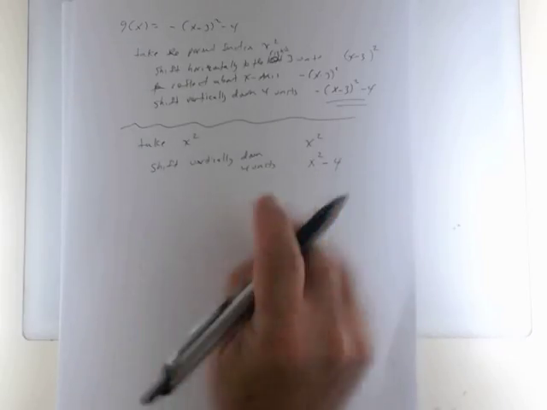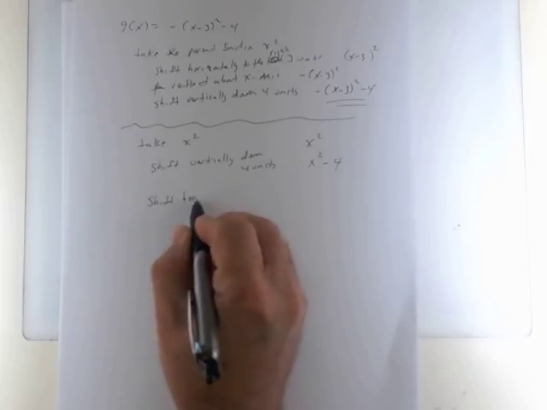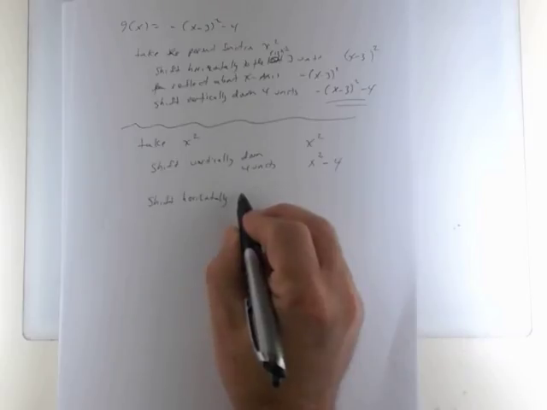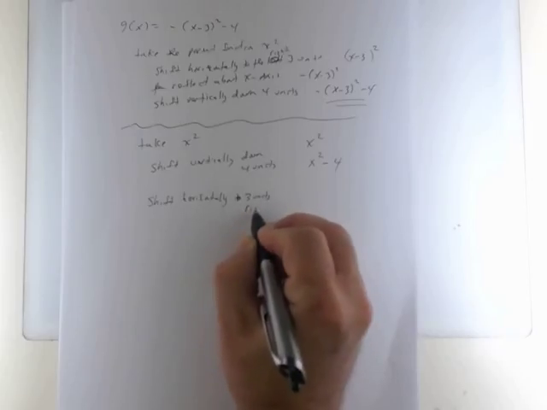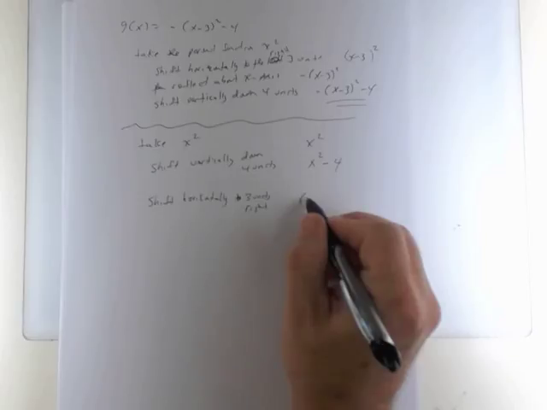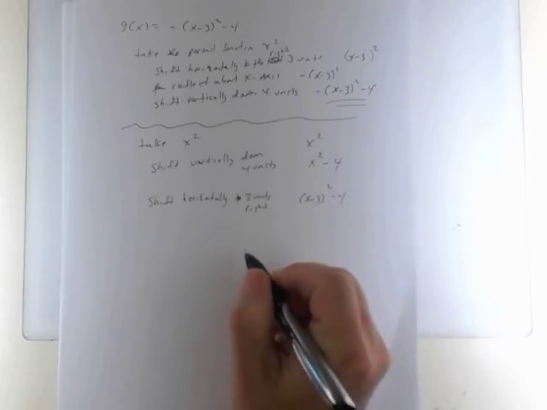Then what if I then take this and I shift horizontally to the right, 3 units to the right. Okay, what does that become? Minus 4, correct?